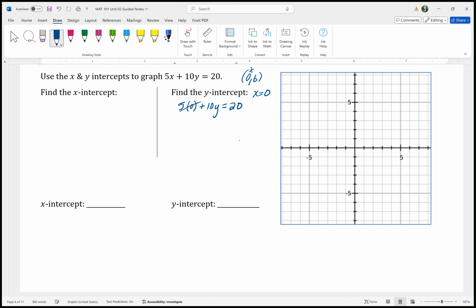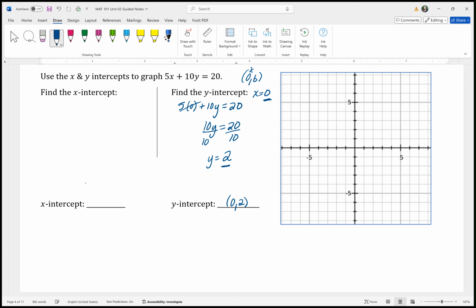So we don't really need that. And that just leaves us with 10y equals 20. Then if we solve for y, we divide by 10, and that gives us y equals 2. So our y-intercept has an x value of 0 and a y value of 2. That gives us one point that we can plot on the graph.